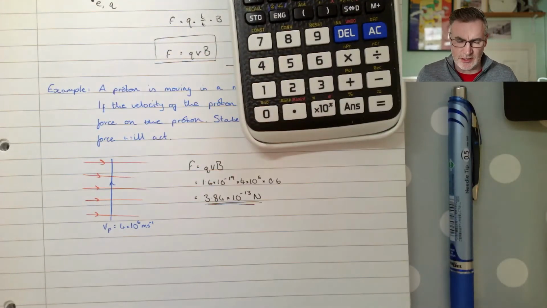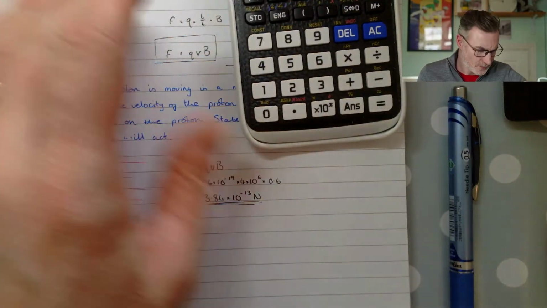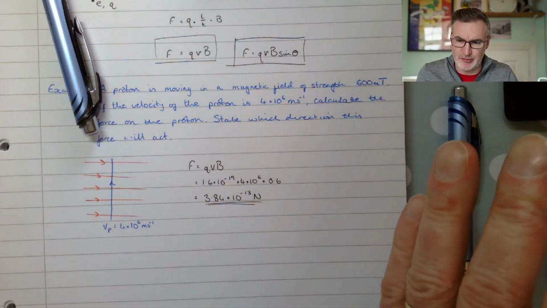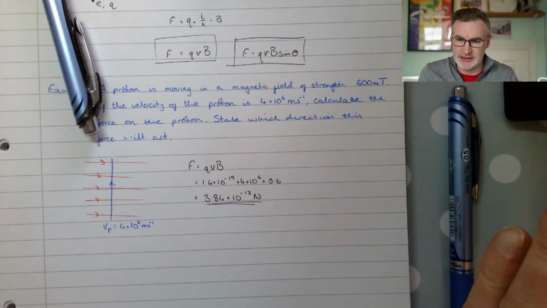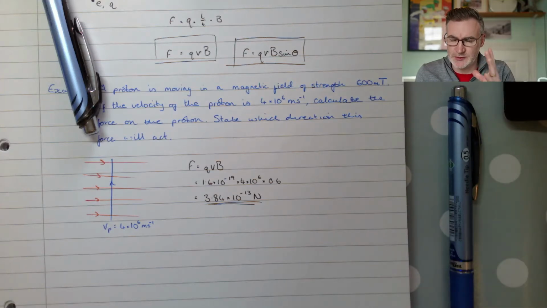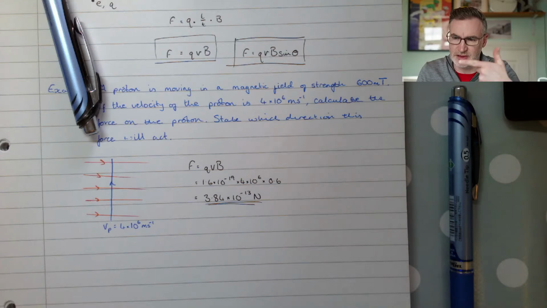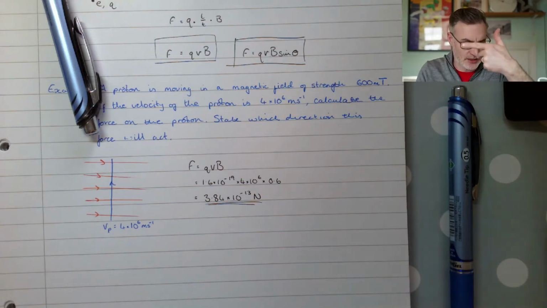Now the direction it would take. So we have a positive charge. With a positive charge, you're going to be looking at the left-hand rule. So you use your left hand, fingers arranged as so, FBI. B, the magnetic field is going to be going from left to right.